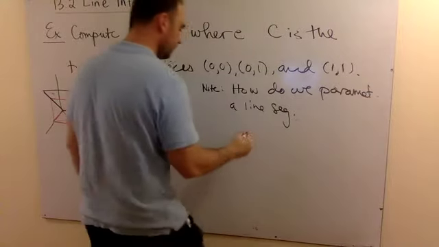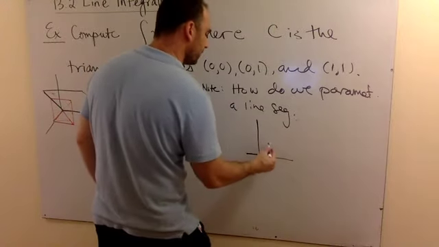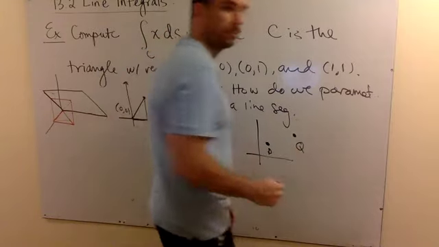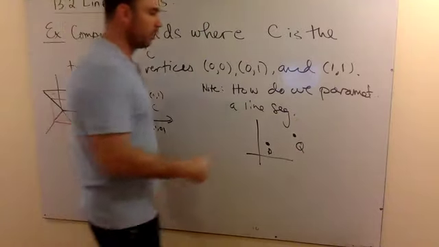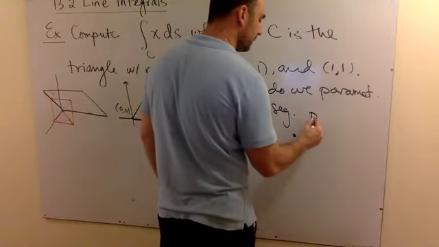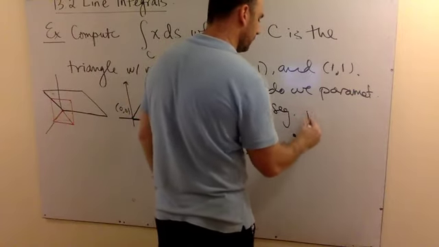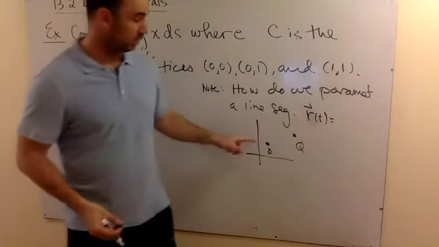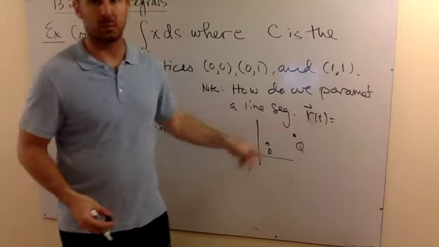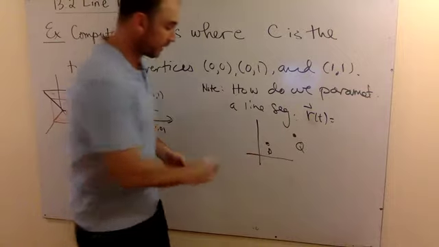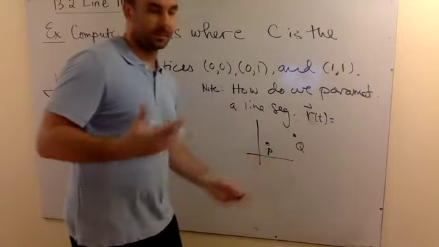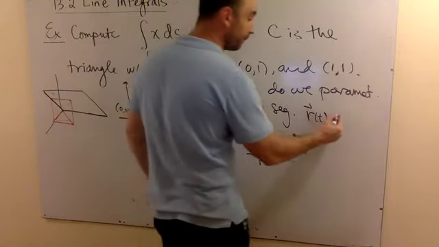Say we've got a point here, there's P and Q. Well, your parameterization is R of T. There's several ways to do this, by the way. You can figure out the equation of the line between these two. If you know the X and Y values of P and Q, you can figure out their equation, and then you can just do that. But this is a really easy way.